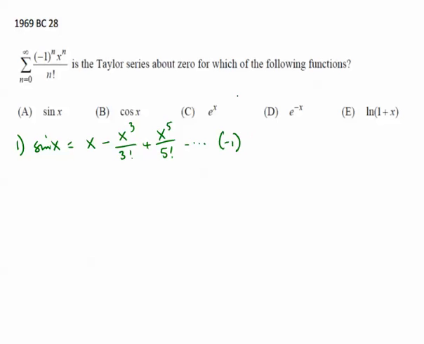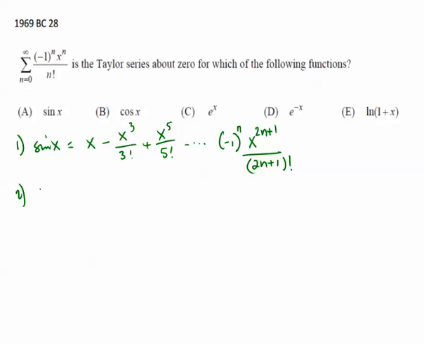And we have x to the 2n plus 1 over 2n plus 1 quantity factorial, and n is starting at 0, so we would need just an n there for the -1 term there.